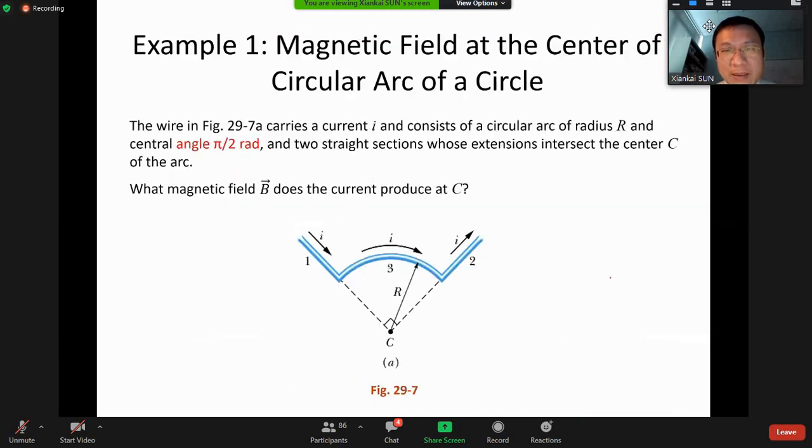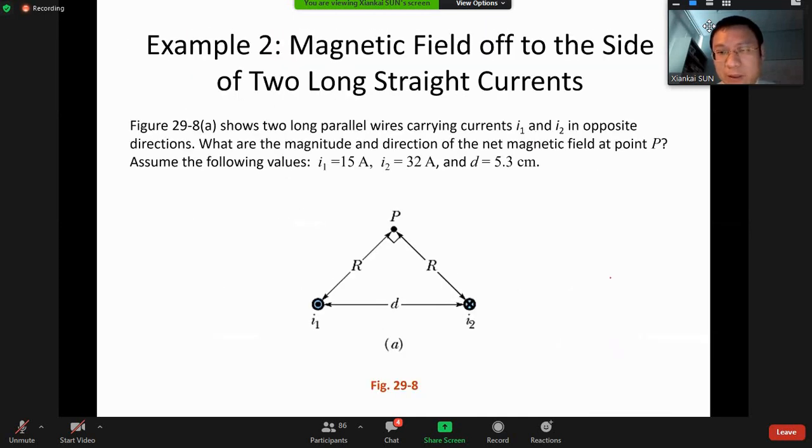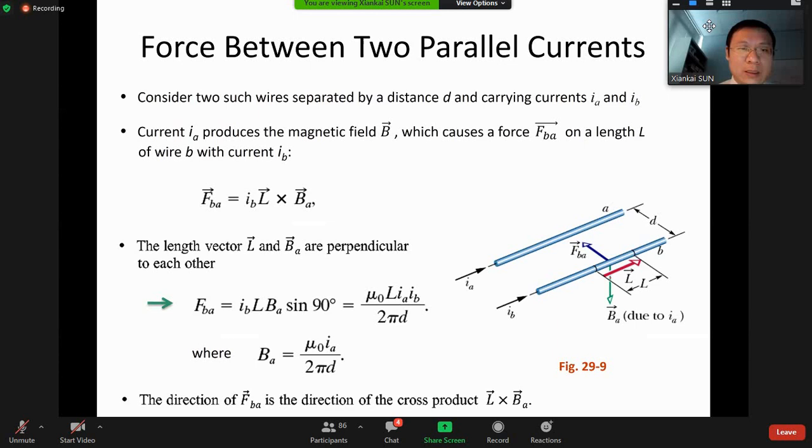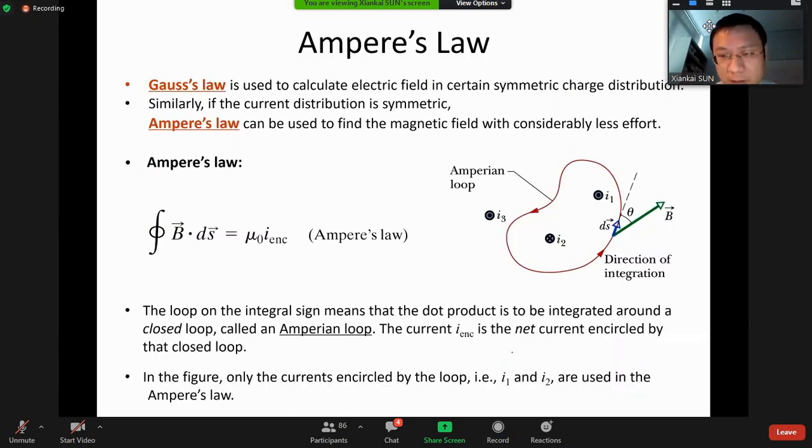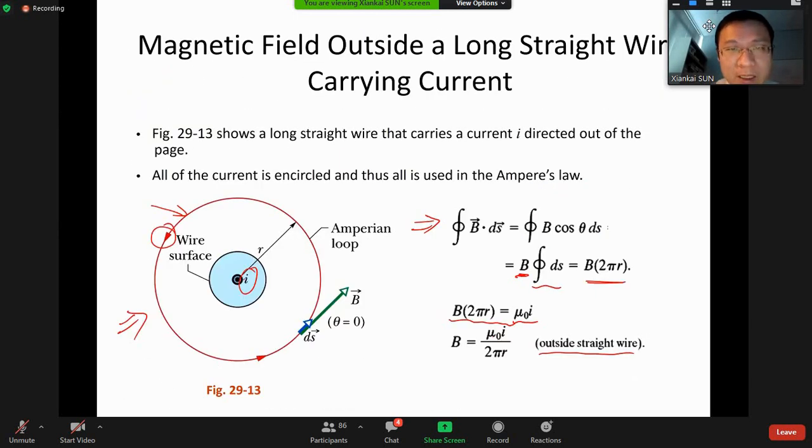But on page 58, remember this r is from the center of the wire to the field location. It's small r. This r is not from the surface of the wire, it's from the center of the wire, because this wire has a certain thickness.